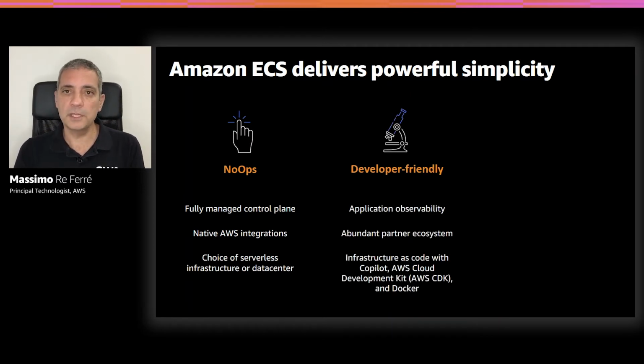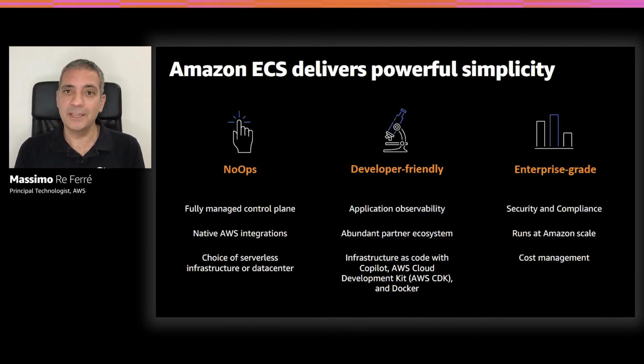The other reason is because ECS is very developer friendly. And here I would like to mention some of the advancements that we have made in terms of the AWS CDK, the Docker Compose integration that we built, or Copilot, a new CLI that allows you to deploy ECS services very rapidly.